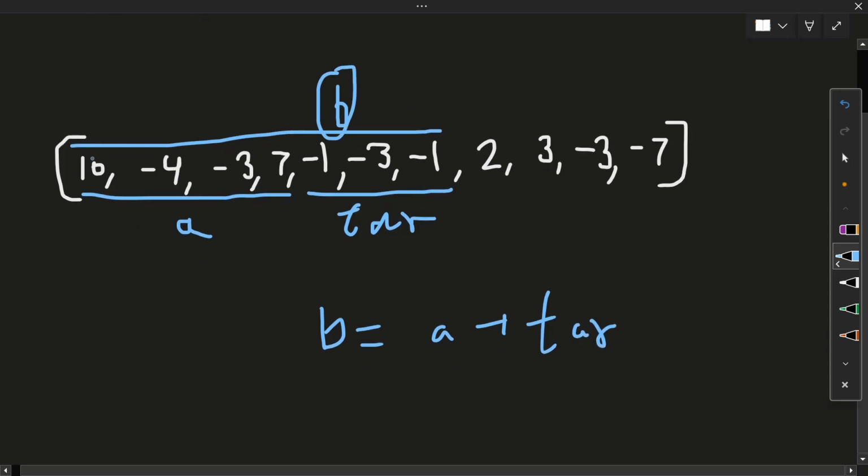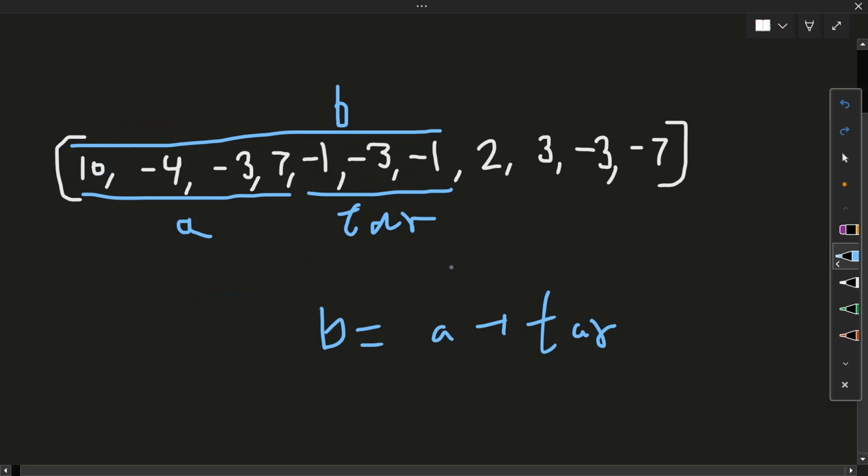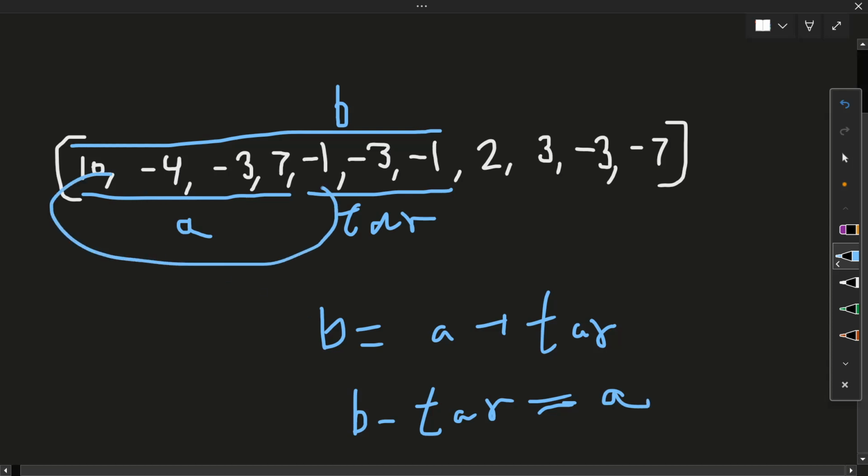We know b. If we sum up all the values till here, and we subtract our target value, this is the left out value. So what I mean is, b minus target is equal to a, which means the left out value.